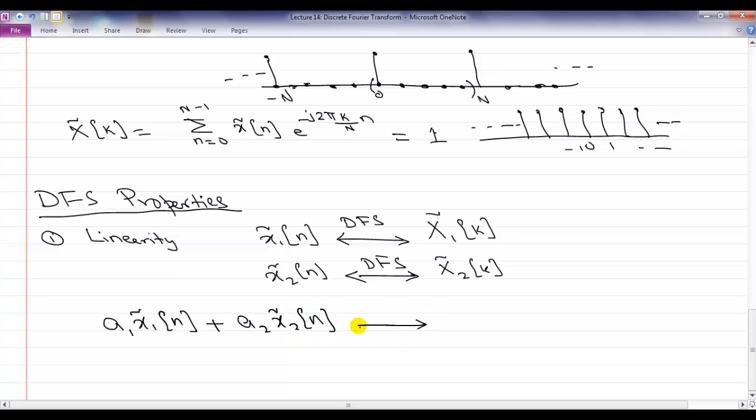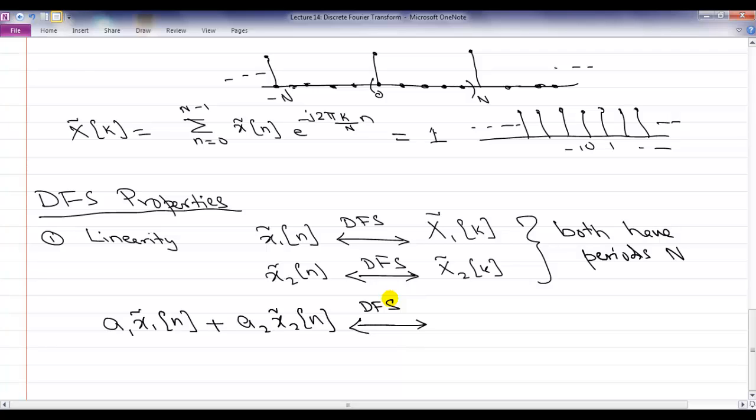Okay. As long as both these sequences have the same period. So that's the key assumption. If they both have period n, and then you add them up, of course you add two sequences with period n, you get back another sequence with the period n.